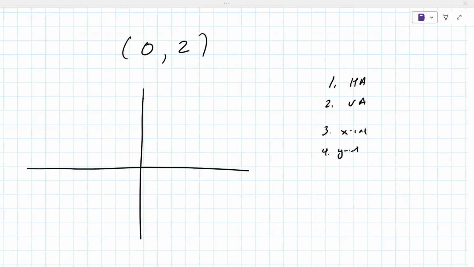So for the horizontal, it's just one up, so it would be 0 comma 1. Oh, just do the whole thing, sorry. Just graph these four things for me, and then we'll talk about what to do from here. Okay, got it.